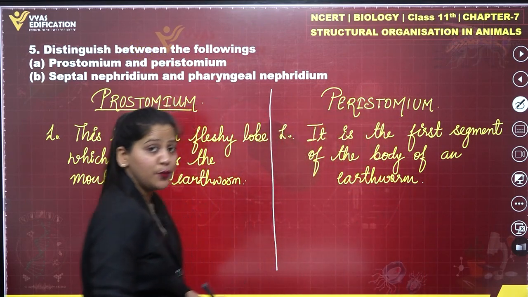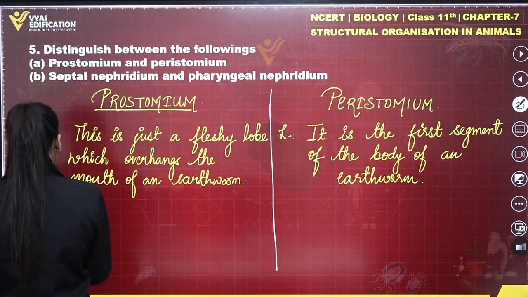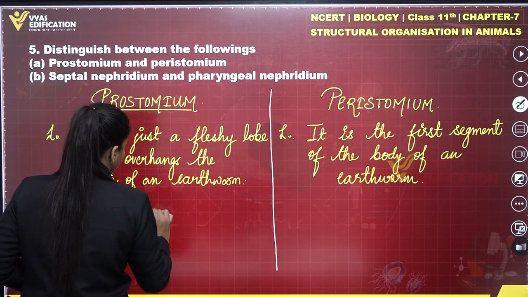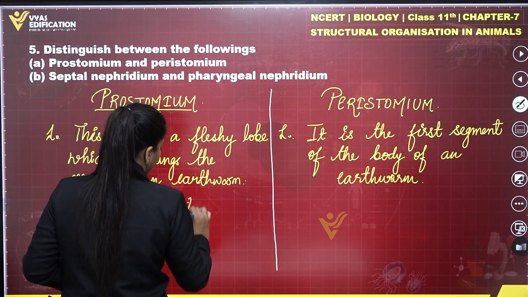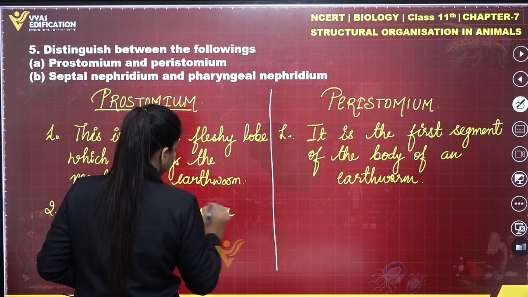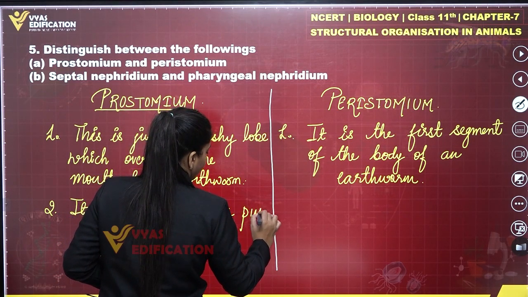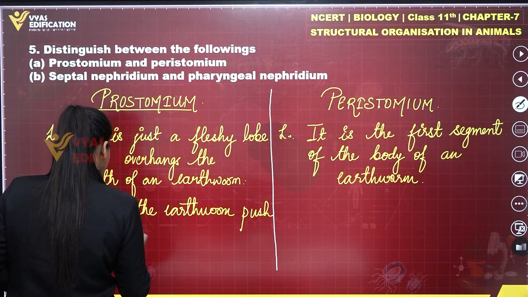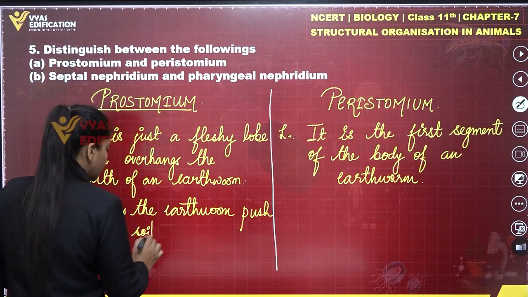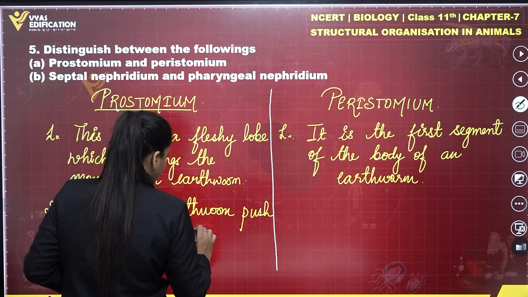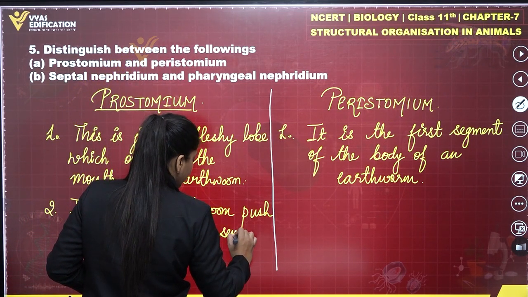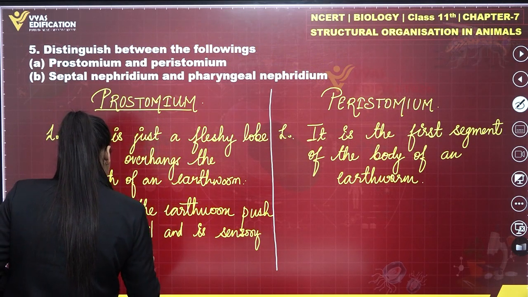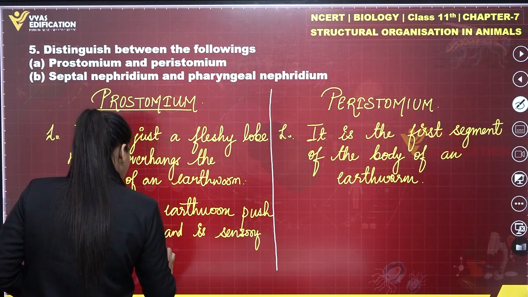Now the other point for prostomium is that it helps the earthworm push into the soil and is sensory in function.